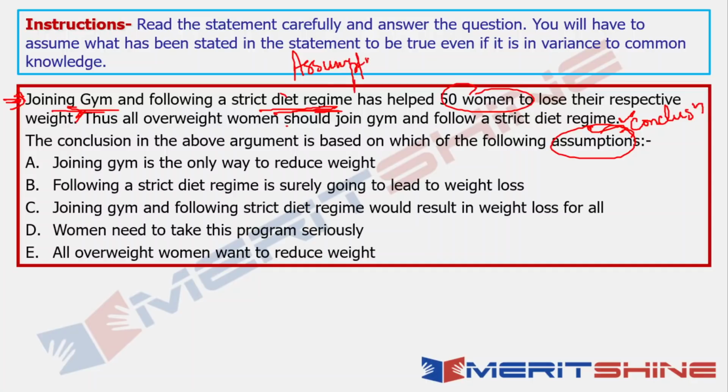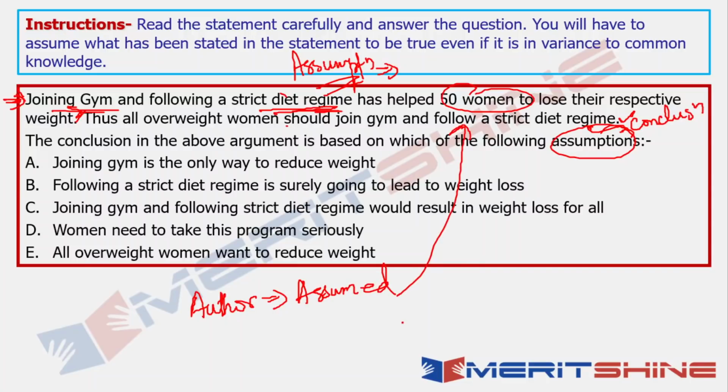Assumption. Before solving this question, let me tell you something about assumption. What is assumption? Assumption is what the author of this particular paragraph or statement has assumed to come to this conclusion.